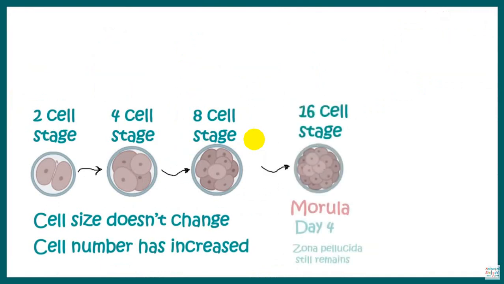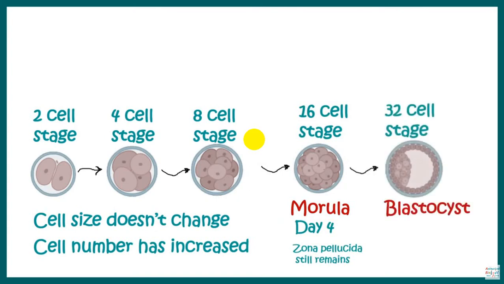Now the 16-cell stage is known as morula because of its mulberry-like appearance, and we can see the zona pellucida still covers the overall cells. It's like a bag that covers these blastomeres. After the 16-cell stage, there would be the 32-cell stage, and this structure is known as blastocyst.